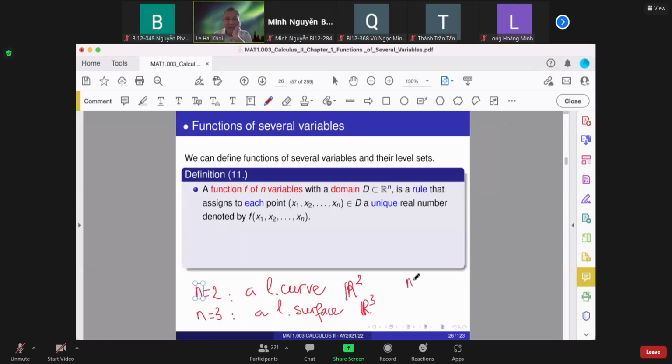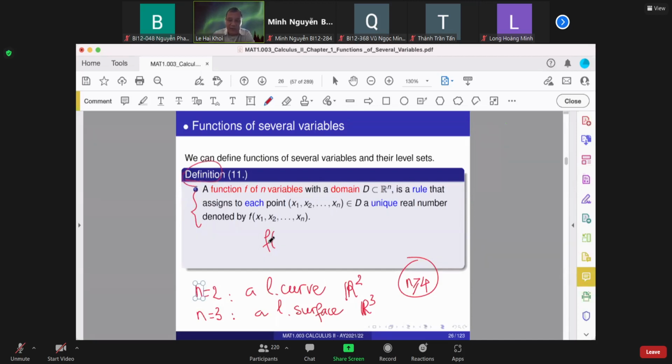If n is equal to or bigger than 4, the domain and the definition of a function are exactly the same.